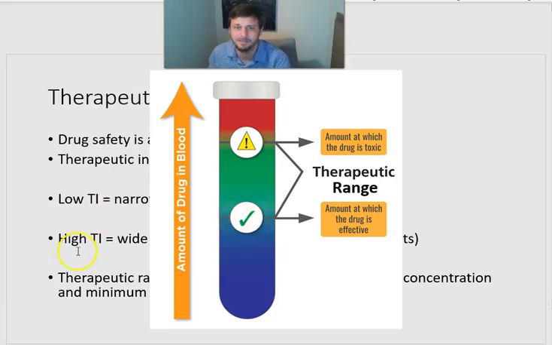Something with a high TI is going to have a very broad therapeutic range, where it's effective at a low amount and it's toxic at very high amounts. With a low TI, you're going to have a very narrow therapeutic range. So it's like, okay, it starts working here, and here it will kill you. So very narrow therapeutic range.